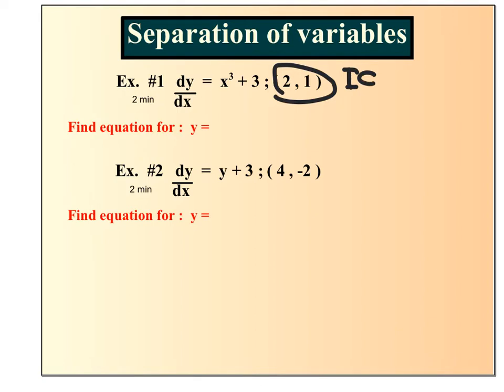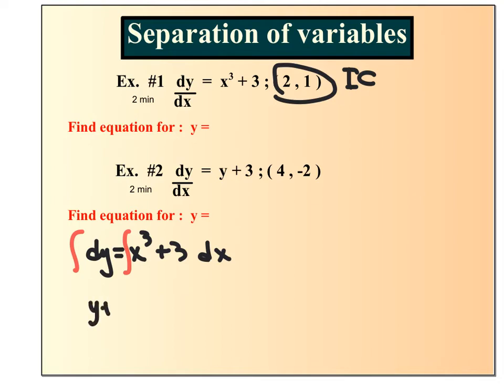So if dy dx equals x cubed plus 3, then dy equals x cubed plus 3 dx. So we integrate both sides. This is why these are the easy problems, right?